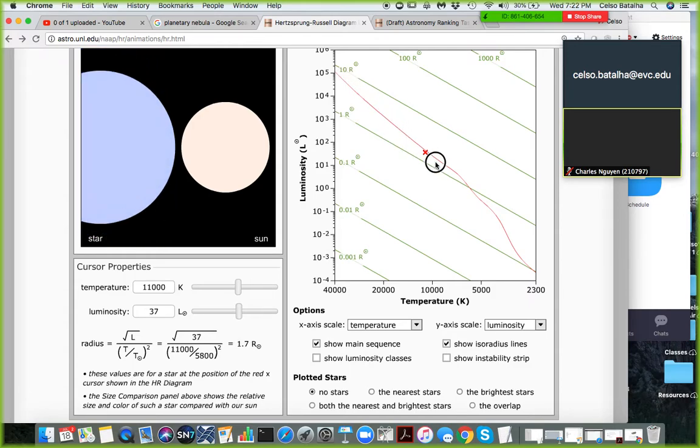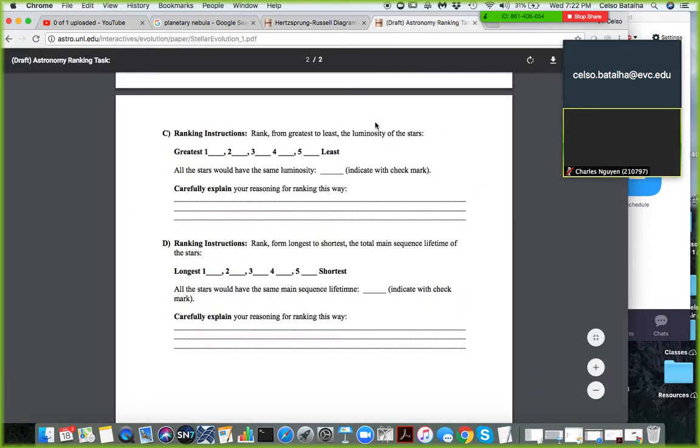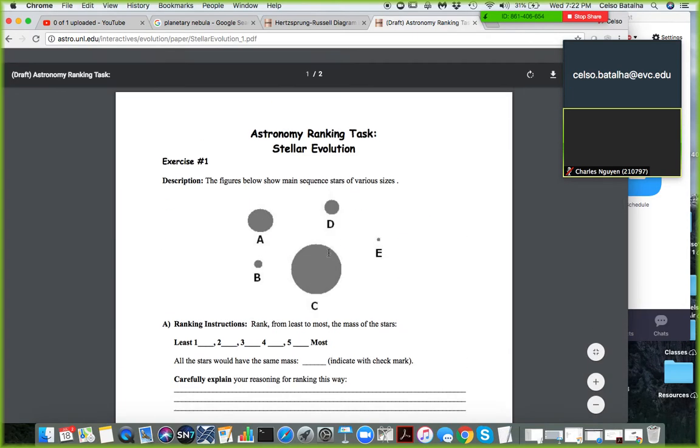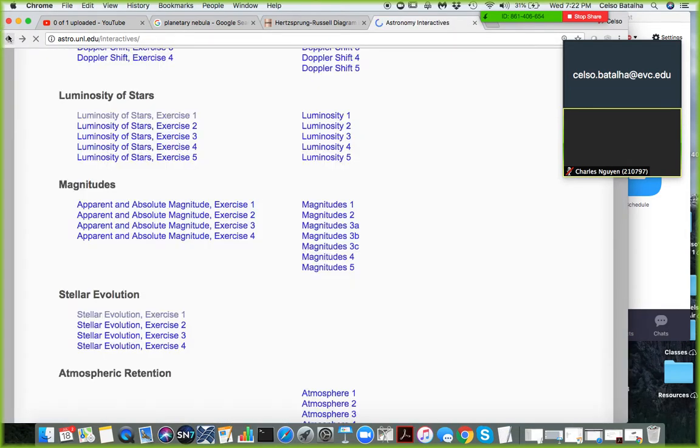And down here are the coolest, the smallest main sequence of all. So the answer would be basically the same. This is one of the exercises you could do, and if you don't remember, you can ask me. I can review again. So let's take another one.